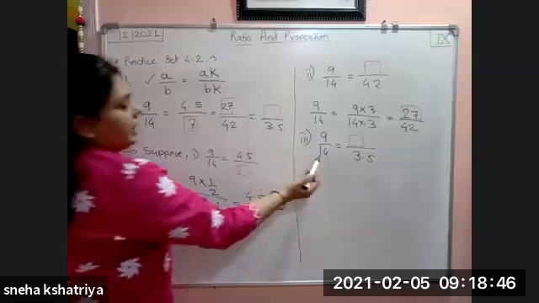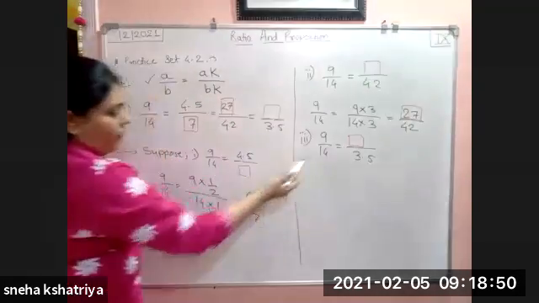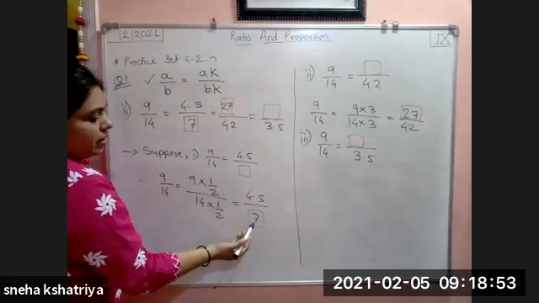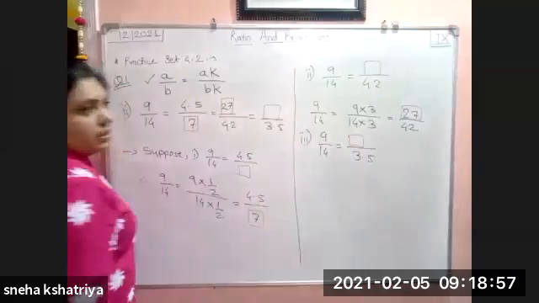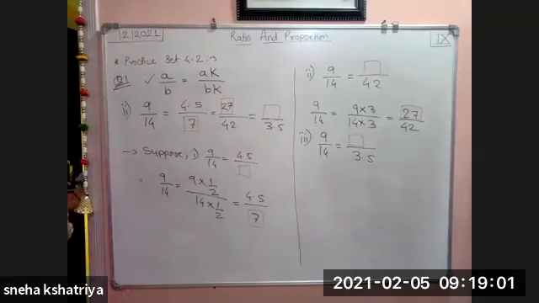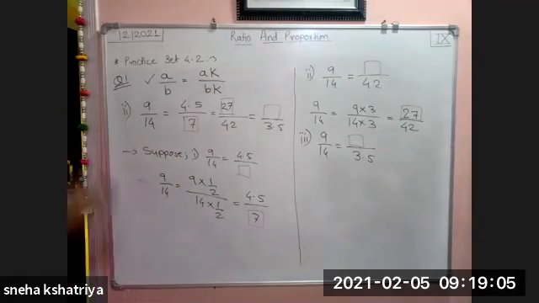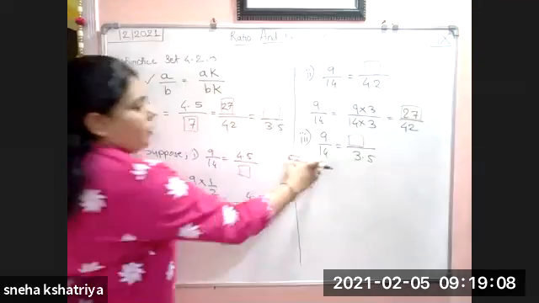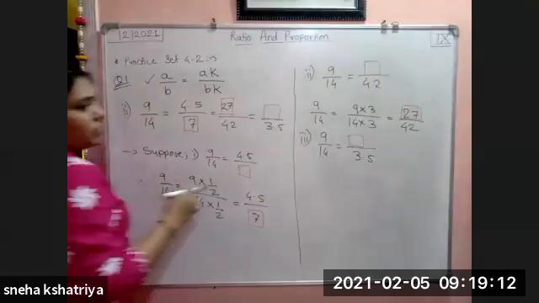Clearly we can see that 7's half is 3.5. 14 half is 7, 7 half is 3.5. So here we have to do double. Earlier we multiplied by 1 by 2. So there we have to multiply by 1 by 4, because 3.5 is the fourth fraction of 14.